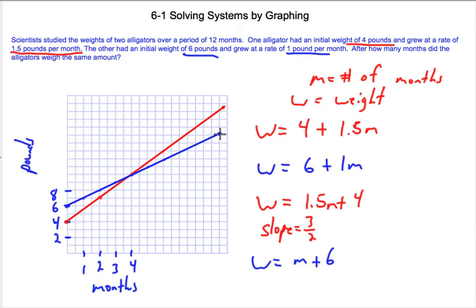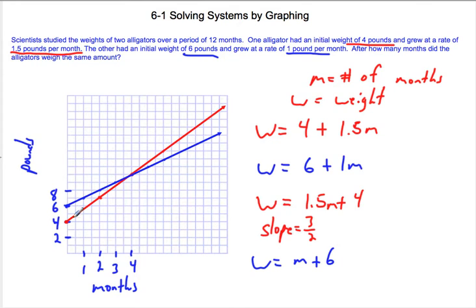Okay, so now we have two lines graphed on one coordinate grid, and they each represent the growth rate of two different alligators. So what does that tell us? Well, what we have here is a point of intersection. So it looks like here the weight is the height of the graph.